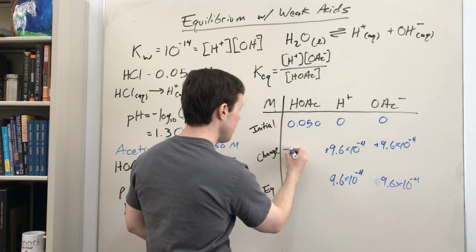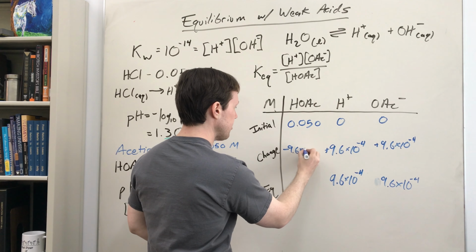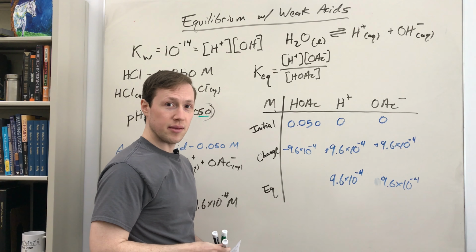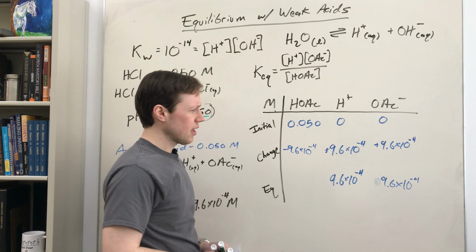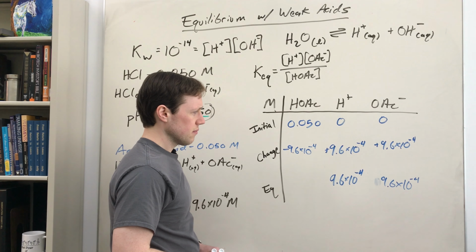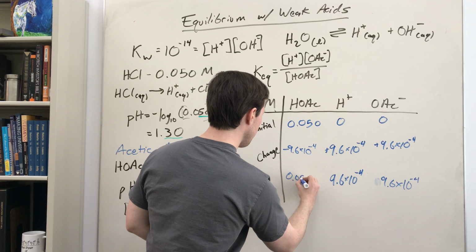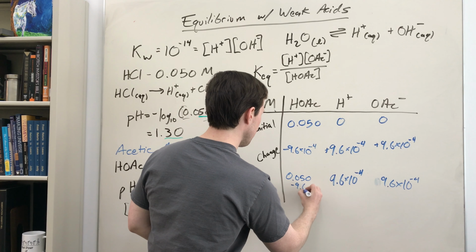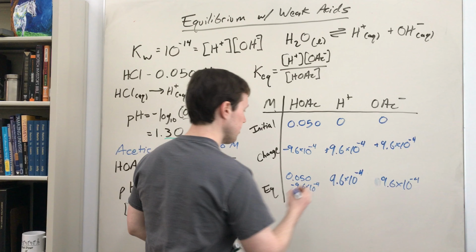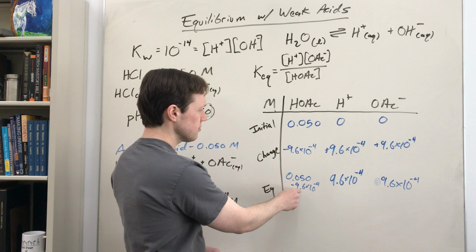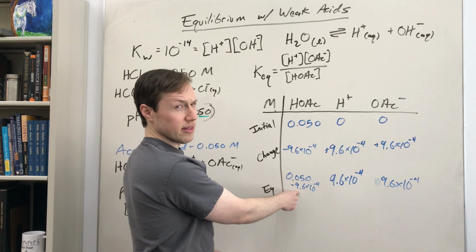So the change in our acetic acid must be minus 9.6 times 10 to the negative 4. So this is 0.050 minus 9.6 times 10 to the negative 4, right? Well, let's actually write this guy out.